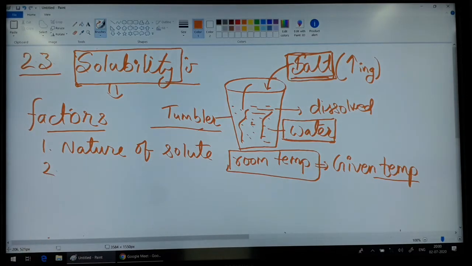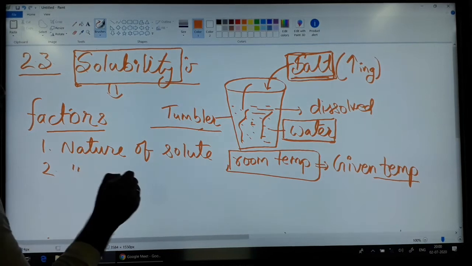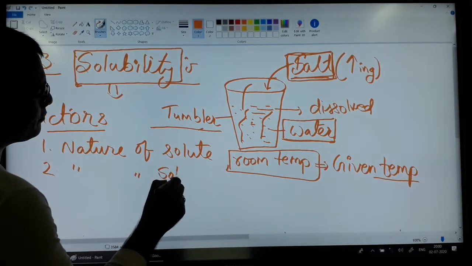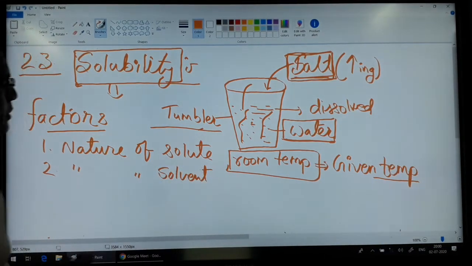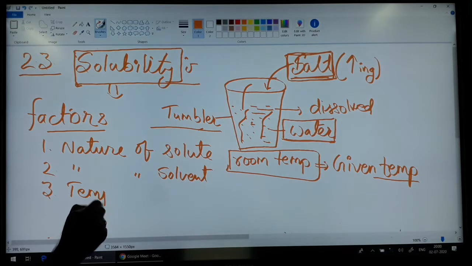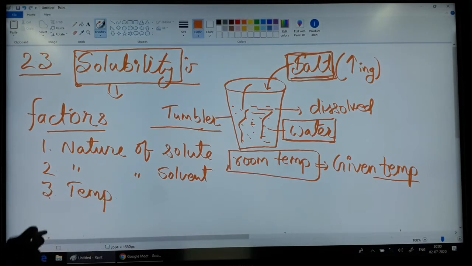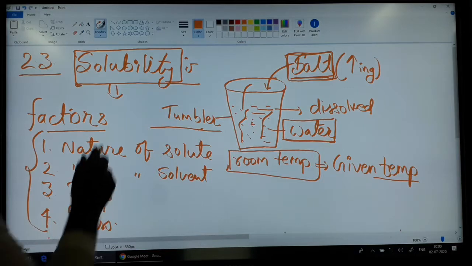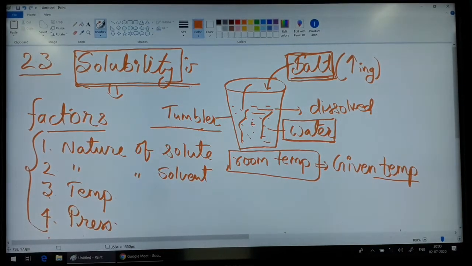Second one is nature of solvent, third one is temperature, and fourth one is pressure. So these are the four factors on which solubility is dependent.